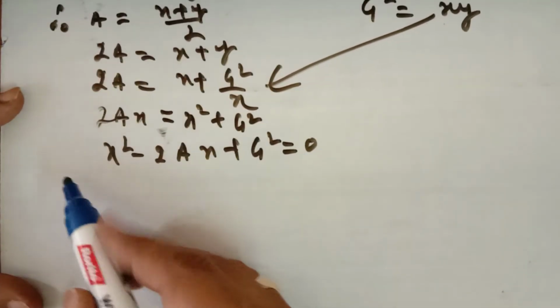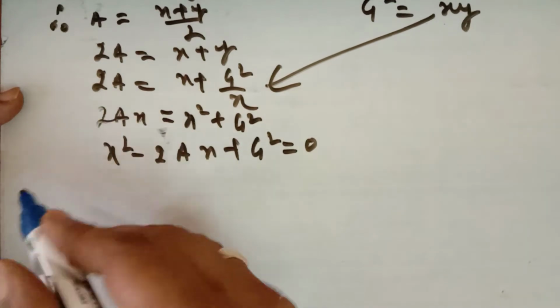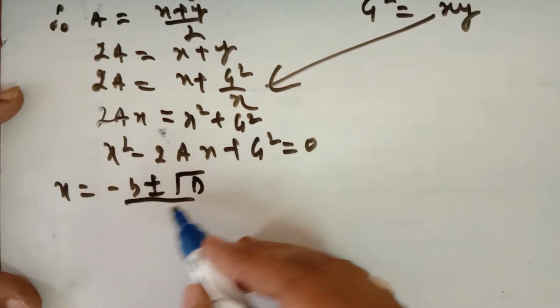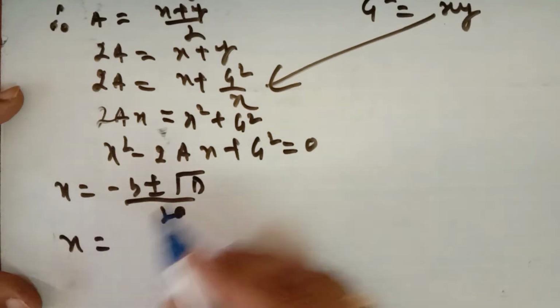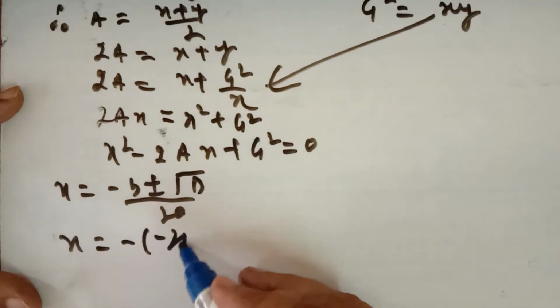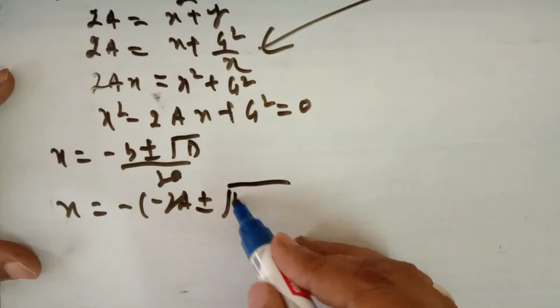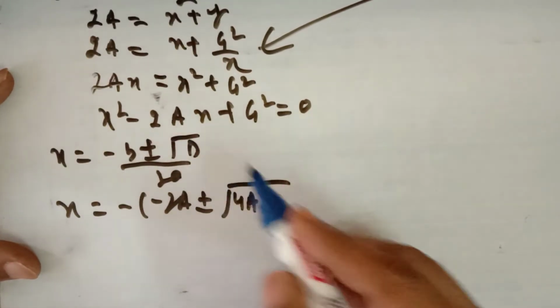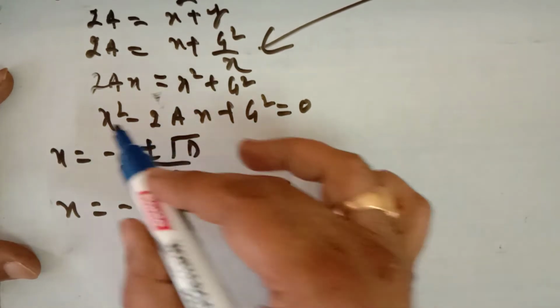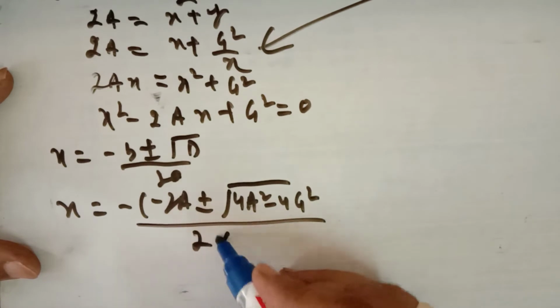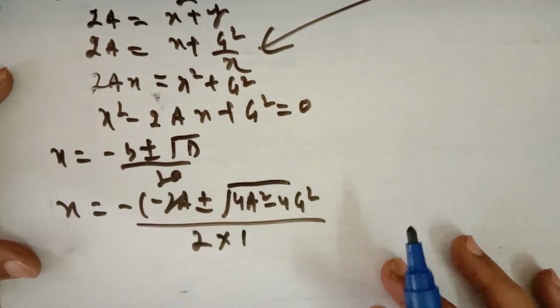You know how to solve the quadratic equation, that is x is equal to (−b ± √D) upon 2a. So what is b here? It is −2A, so x = (2A ± √D)/2. D is b² − 4ac. So b is −2A, squared, minus 4 into a into c, that is G², upon 2 into a. a is 1.